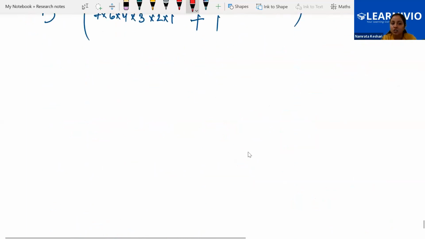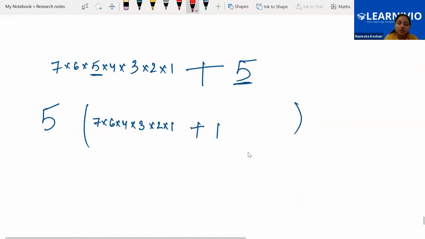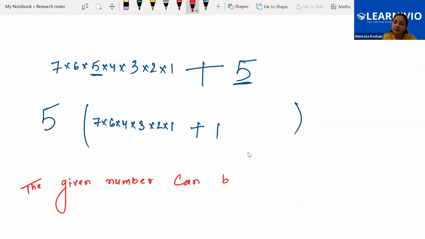What explanation are we going to give? This given number can be represented as a product of two integers.